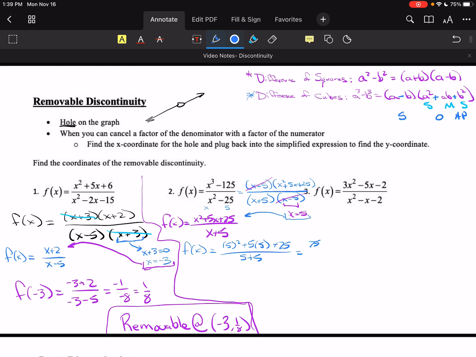So I'd have 75 over 10, which would simplify down to 15 over 2, right? Dividing top and bottom by 5. So my answer, I have a removable discontinuity at the ordered pair, 5, 15 over 2.